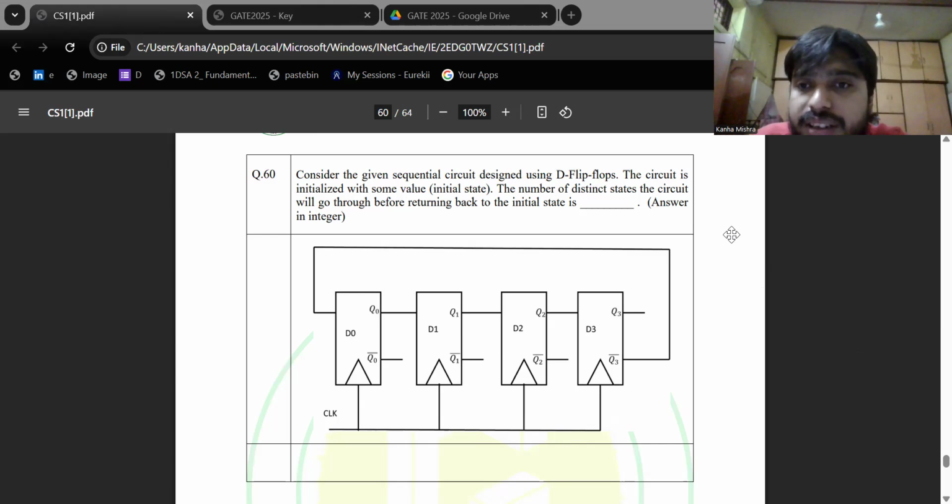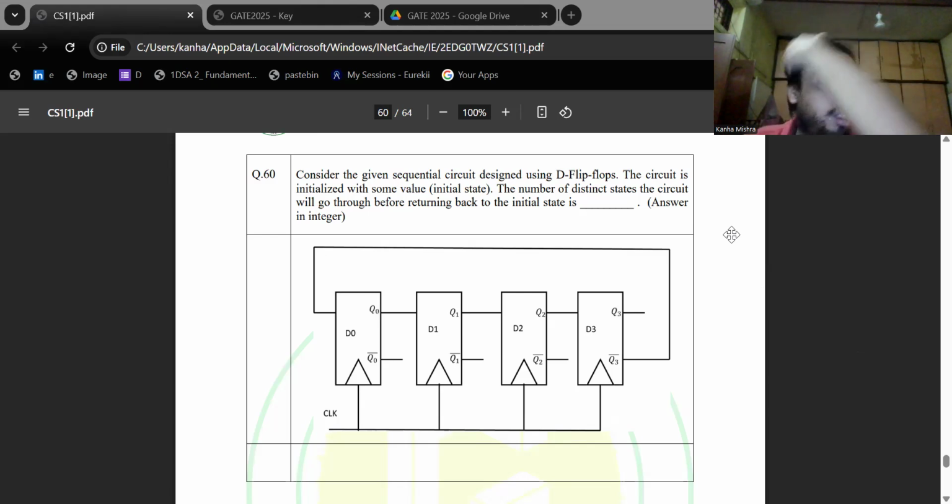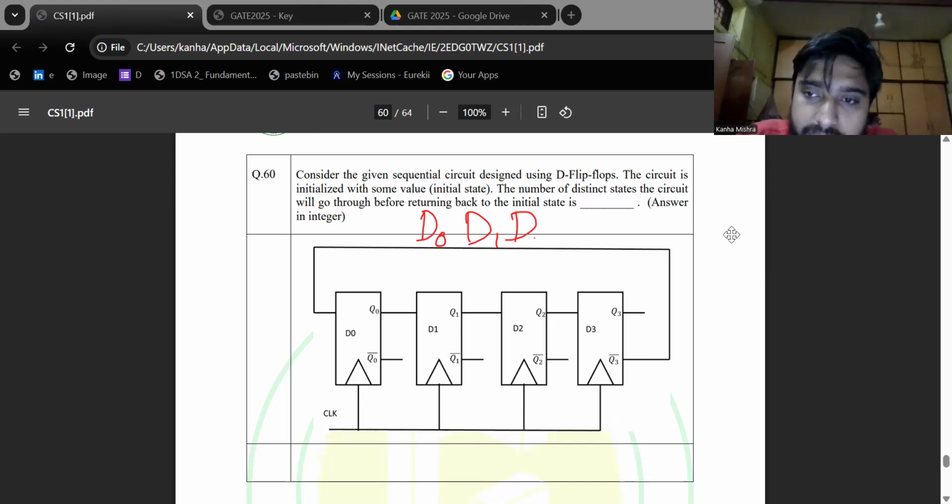Now let's try to solve this particular question. Let's write the sequence. The output sequence is D0, D1, D2, D3.